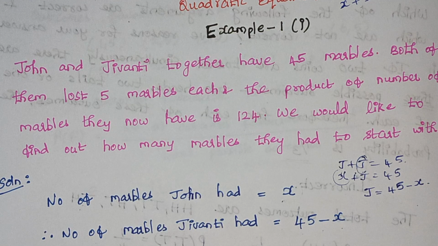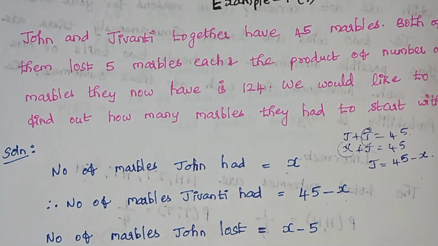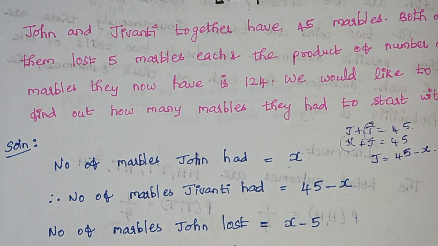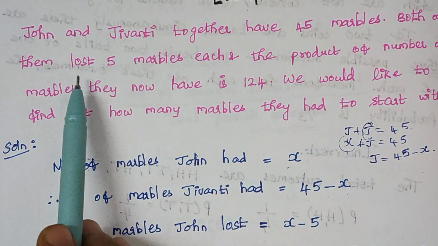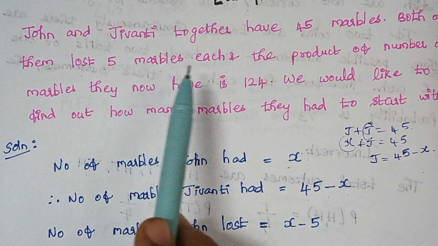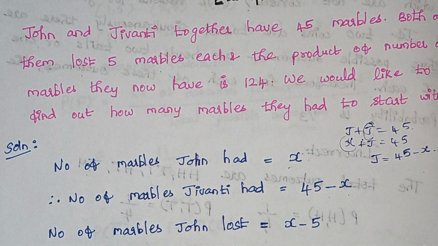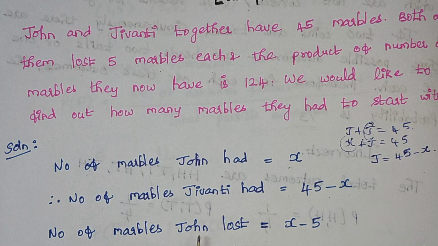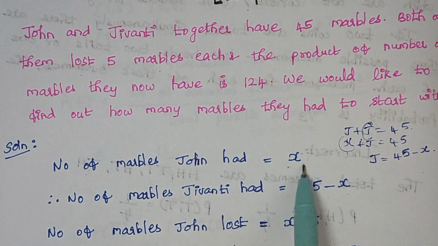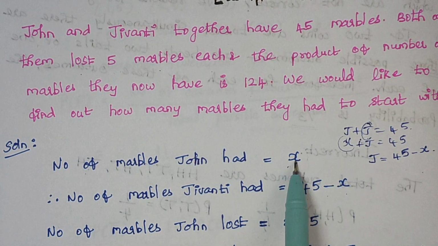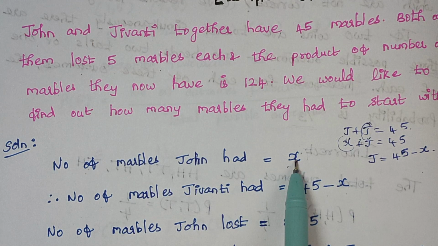Now the next term is the number of marbles John lost. How many marbles did John lose? You see, both of them lost 5 marbles each. So John lost 5 marbles, Jivanti lost 5 marbles. This is the total number of marbles John has, and now he had lost 5 marbles from them.